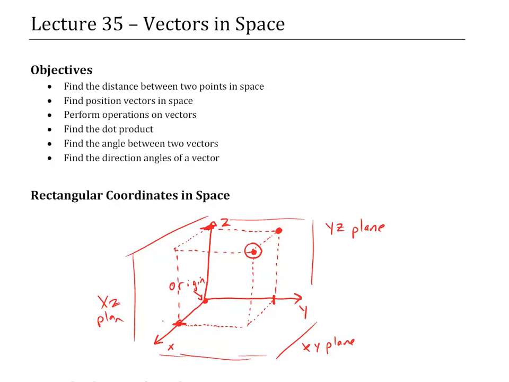And what we're going to do is, wherever this is, if I call that, say, x1, call this y1, and this value up here z1, wherever they hit those three axes will be the coordinates of that point.